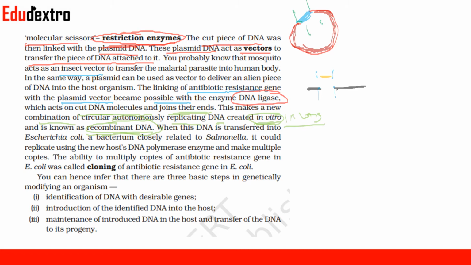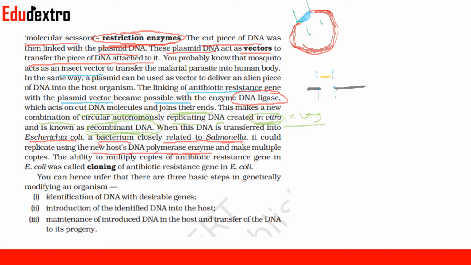When this DNA is transferred into E. coli, that is Escherichia coli, a bacteria which is closely related to Salmonella. Though both are not the same bacteria, they are kind of closely related. That is why we are introducing the plasmid from Salmonella to E. coli, right? Then it could replicate using the new host's DNA polymerase enzyme.